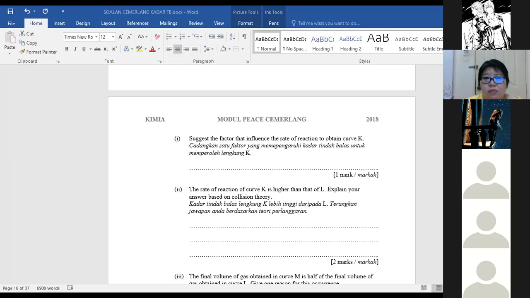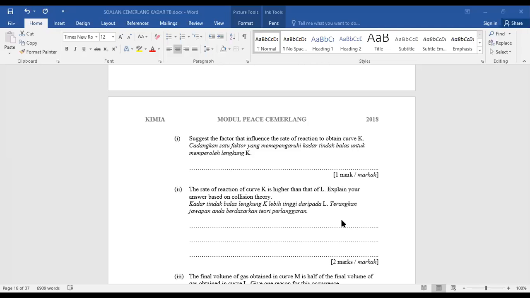Magnesium atom and hydrogen ion. Good. Okay. Therefore, the next sentence we are talking about the frequency of effective collision between magnesium atom and hydrogen ion is higher in K compared to L. Okay. Now, if you are still confused with this atom and ion, please refer back to the video yesterday.